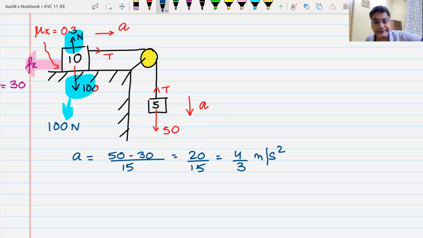Do we understand this? The only difference this kinetic friction makes is that you just have an additional force which opposes the motion. And it is something like a pseudo force. But remember, this is a real force, not an unreal force. I'll give you one minute to note it down.